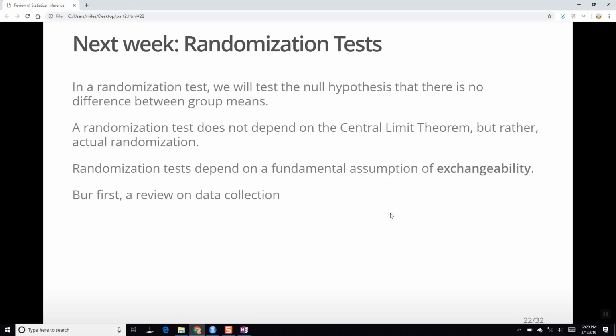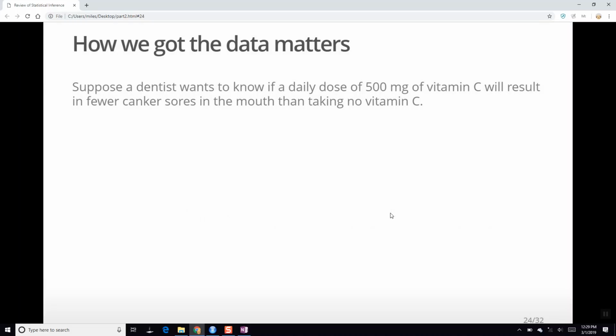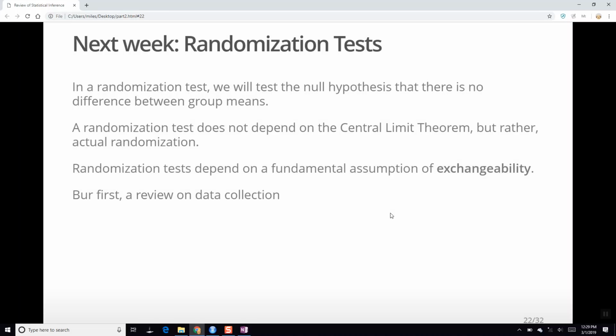And so we'll spend a few slides here to review some ideas of data collection. How do we collect data, at least in intro stats? We often say our data comes from a simple random sample.